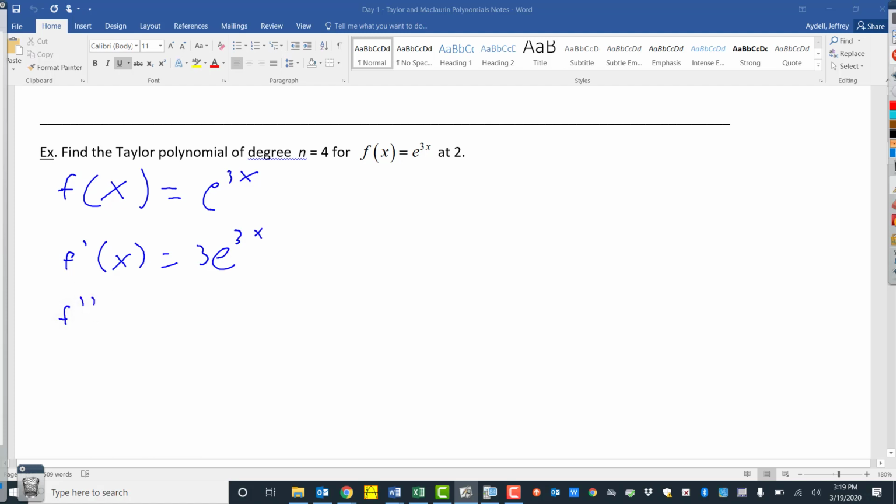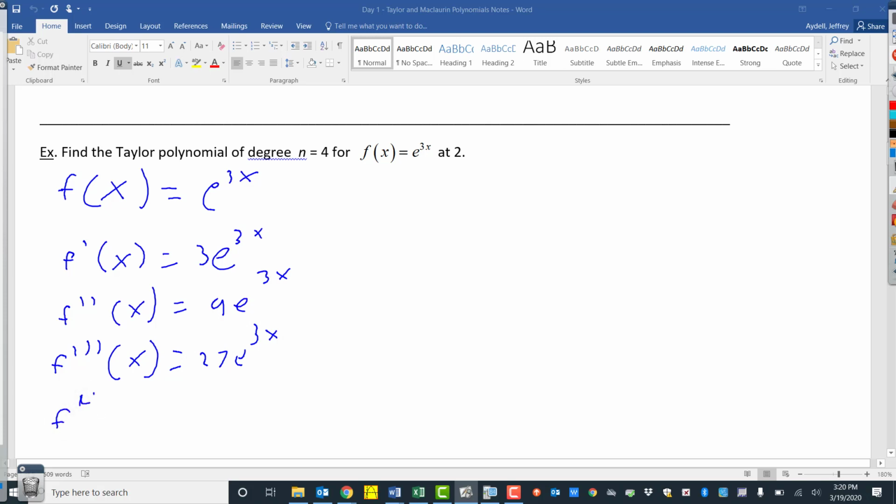Next derivative is the second derivative. That gives us 9e to the 3x. Then we have the third derivative. So that gives us 27e to the 3x. And then lastly, we're finally at the fourth derivative.